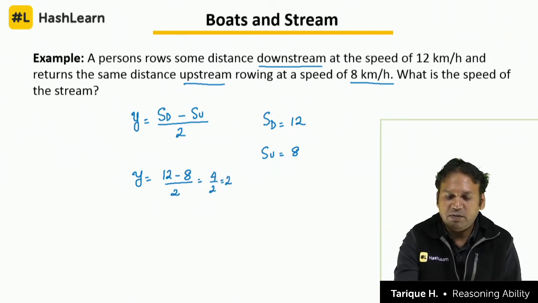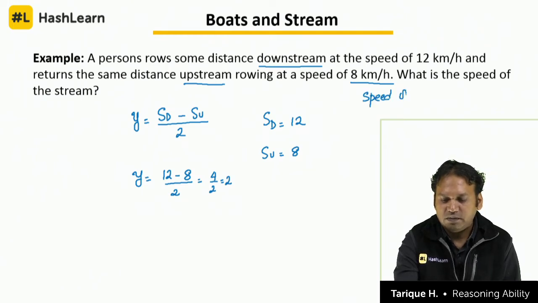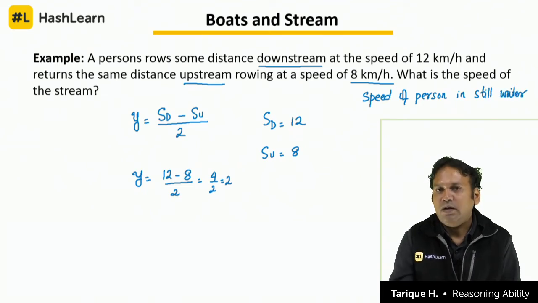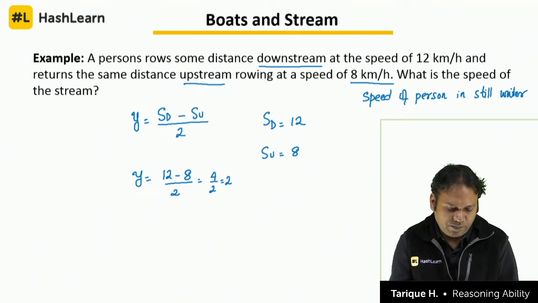Suppose I had to find out the speed of boat or speed of person, the person who is rowing, speed of person in still water. Or speed of the boat in still water.